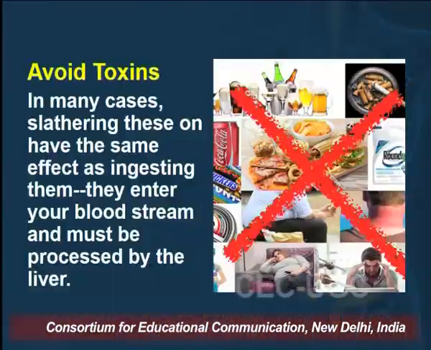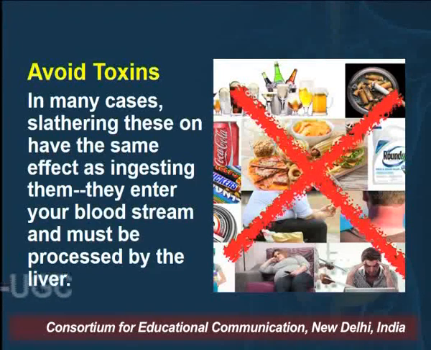Avoid fast food, processed food, junk food and empty calories to keep your excretory system working as it should. Aside from being less nutrient dense, these foods typically contain additives and preservatives that our excretory system has to work hard to process. The next one is avoid toxins.